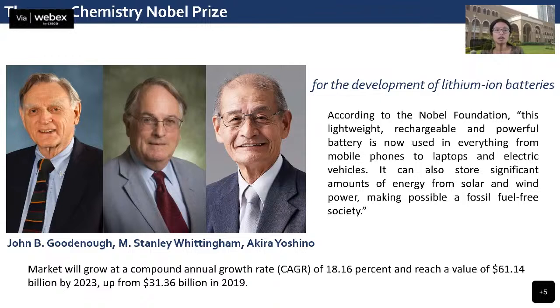It was a $31 billion industry in 2019, and by 2023 it will go up to more than double the amount. So this is the kind of technological impact lithium-ion batteries have had.